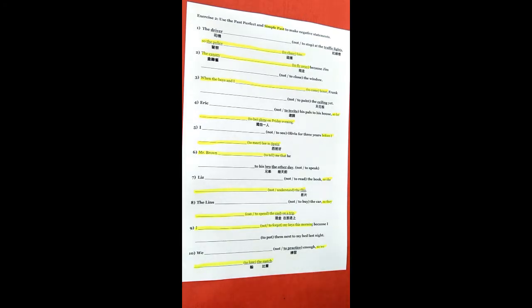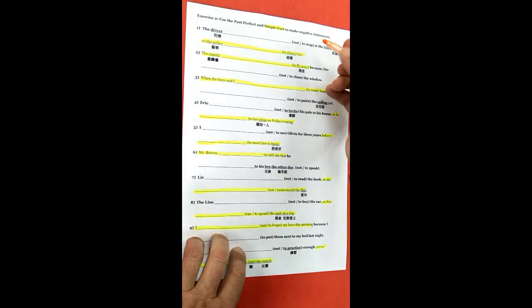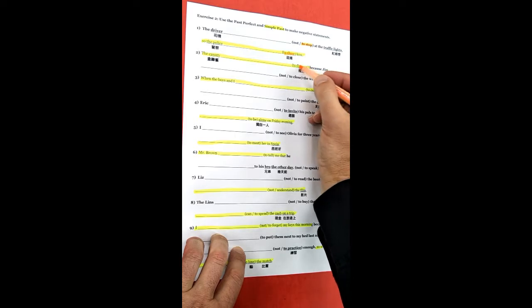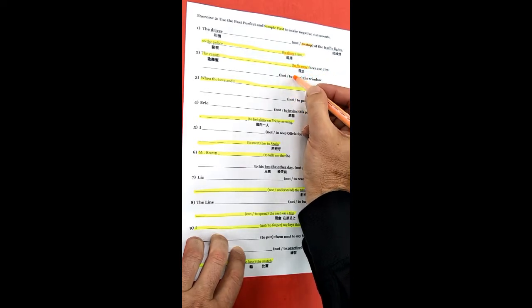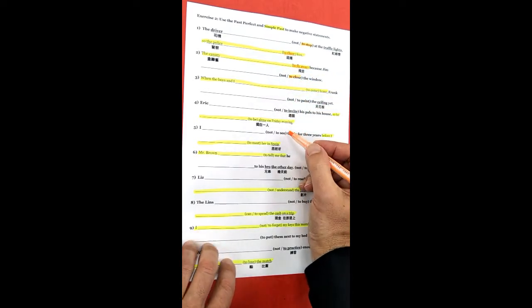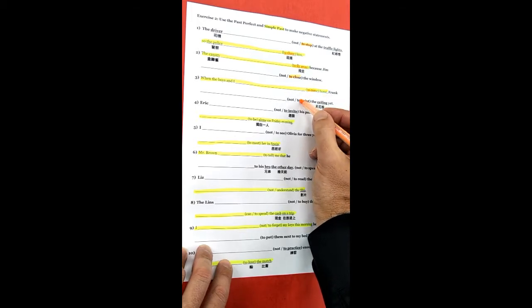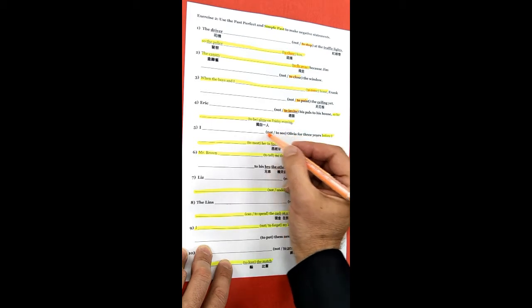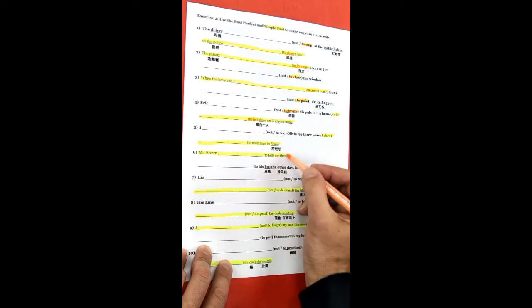All right, let's color the verbs. Number 1, to stop, to chase. Number 2, to fly away, to close. Number 3, to come, to paint. Number 4, to invite, to be.